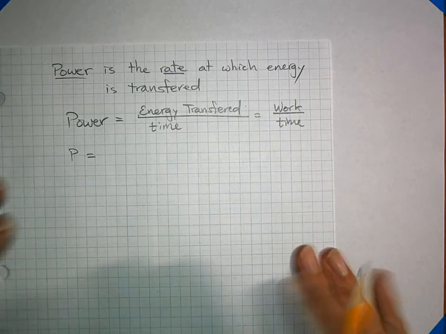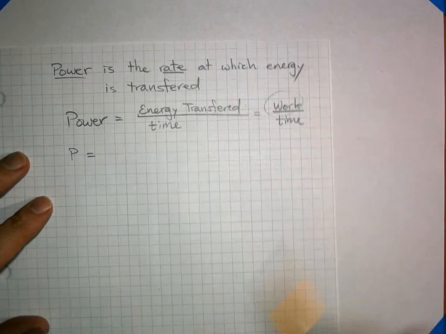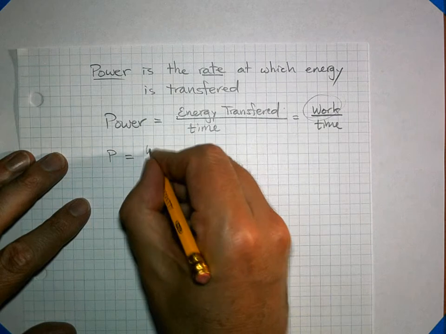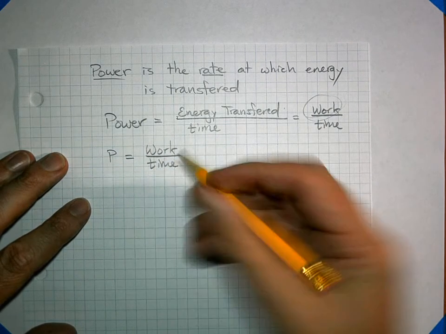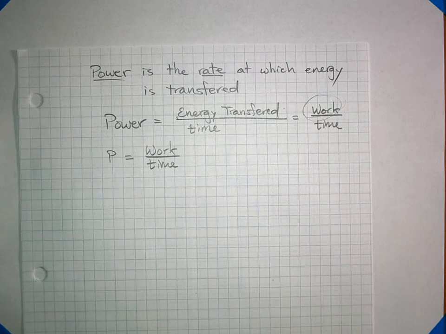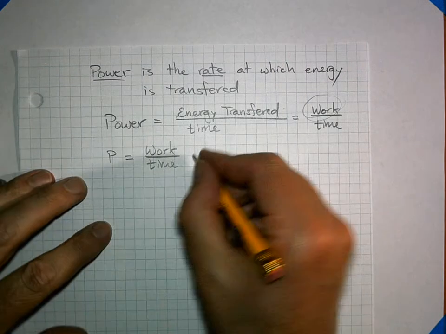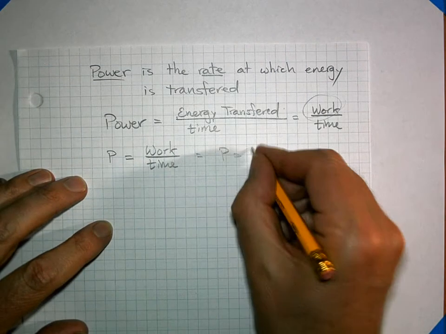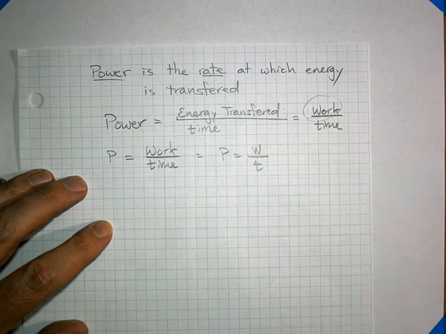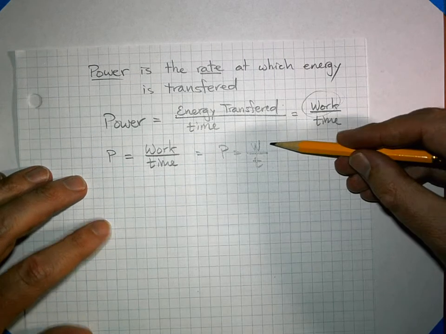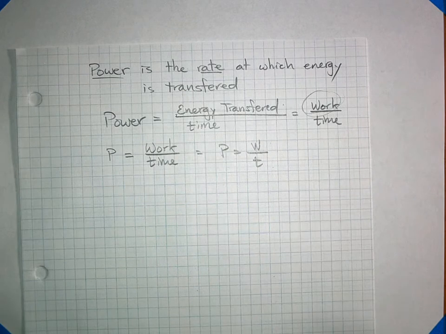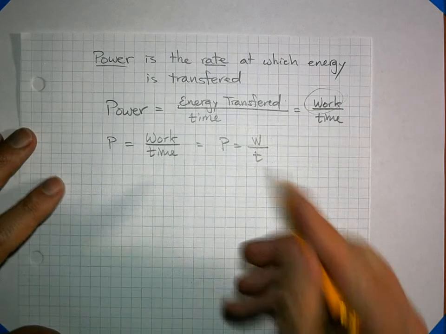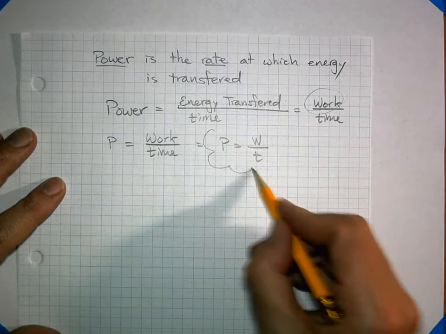But today we're going to be doing work. So power for today is work over time. And work is a way of transferring energy. So power equals work over time. We use a lowercase t for time, capital W for work. So we've added two new variables that we can put on our quantity chart that we made the other day. This is the formula for power.